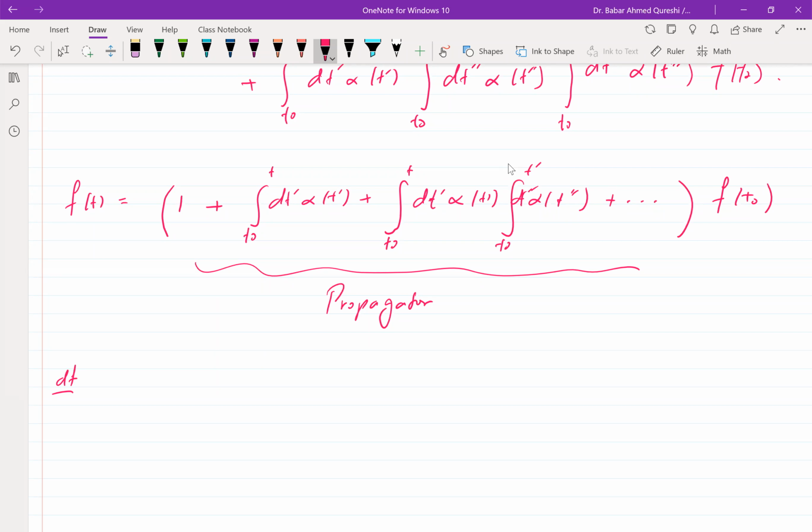I have df over dt. f of t naught is a constant, so it remains outside. And when I do this, as we have argued, we just get the first limit. And then we remove one integral and just get the upper limit.